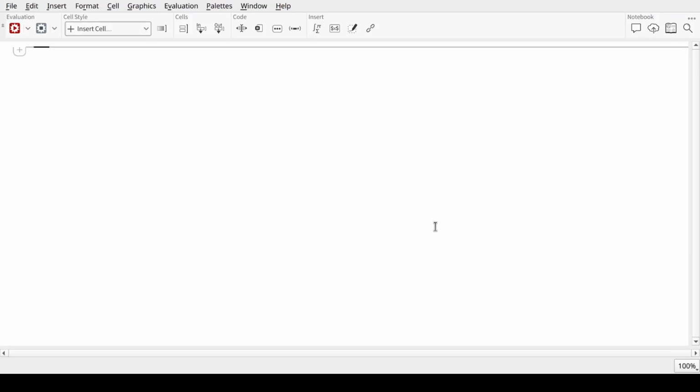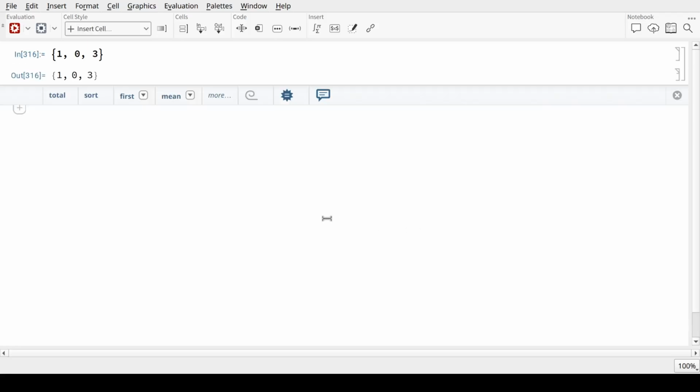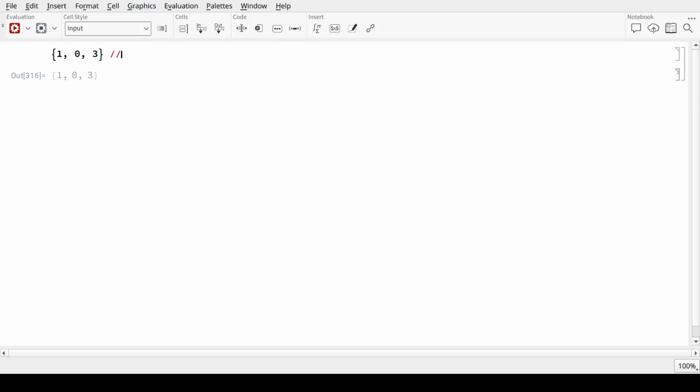Regarding the postfix, how do we use the postfix? What the postfix means is these two backslashes. Let's say we define an array or a vector, just like that. And now I would like to display it as a matrix, right?